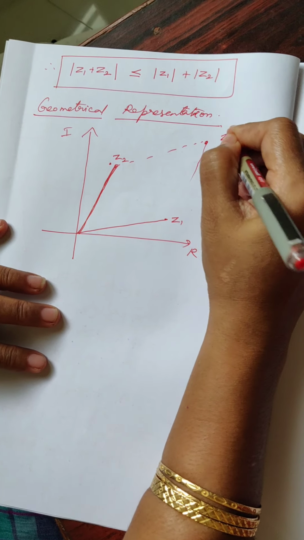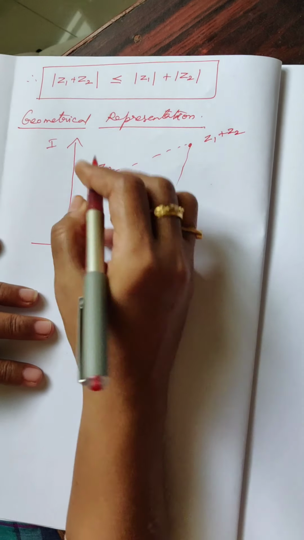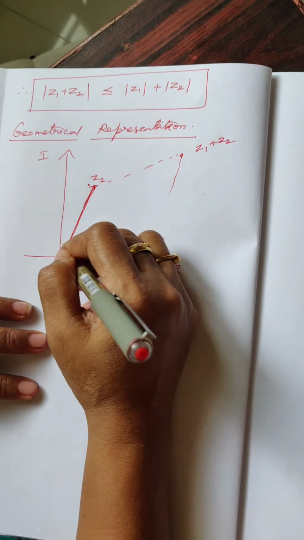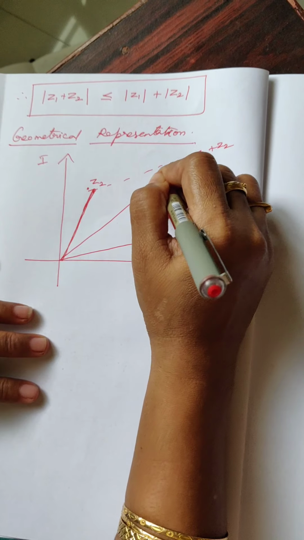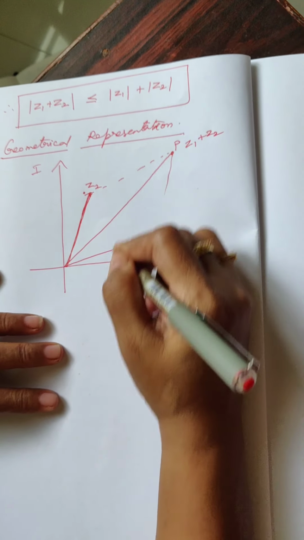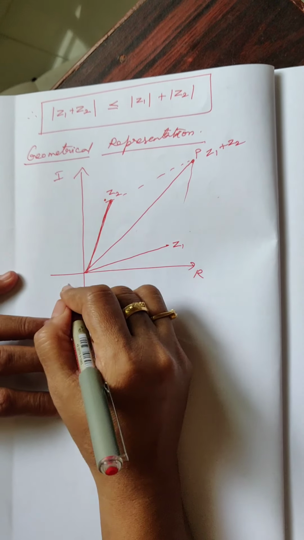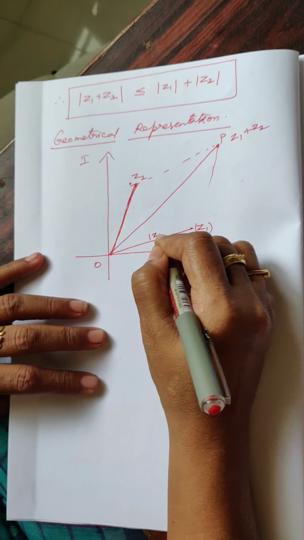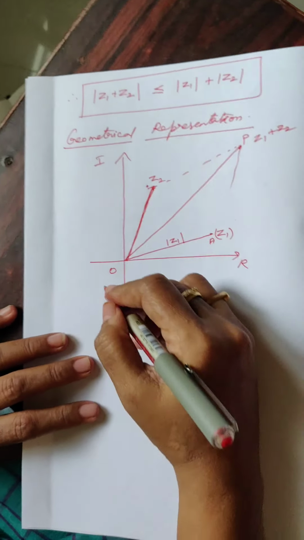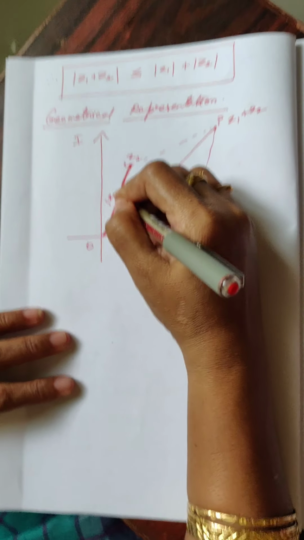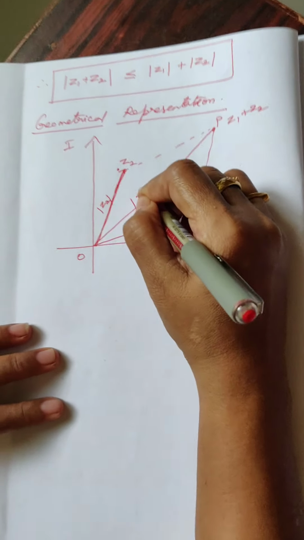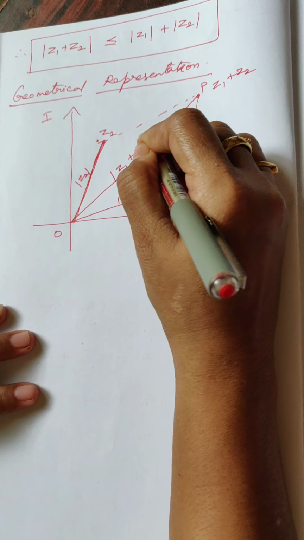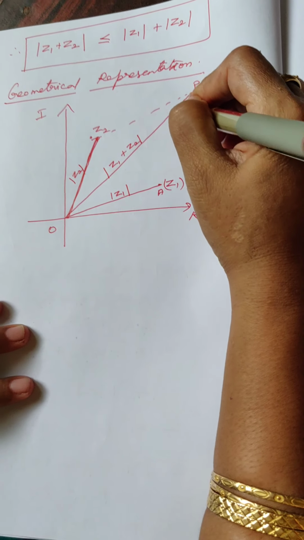Here is z1 plus z2. Consider this is a vector, this is a vector. This length is the distance of the complex number from the origin, which is modulus of z1. Already I explained. This is modulus of z2. Therefore this is modulus of z1 plus z2. Is it clear? Now I am going to complete this parallelogram.